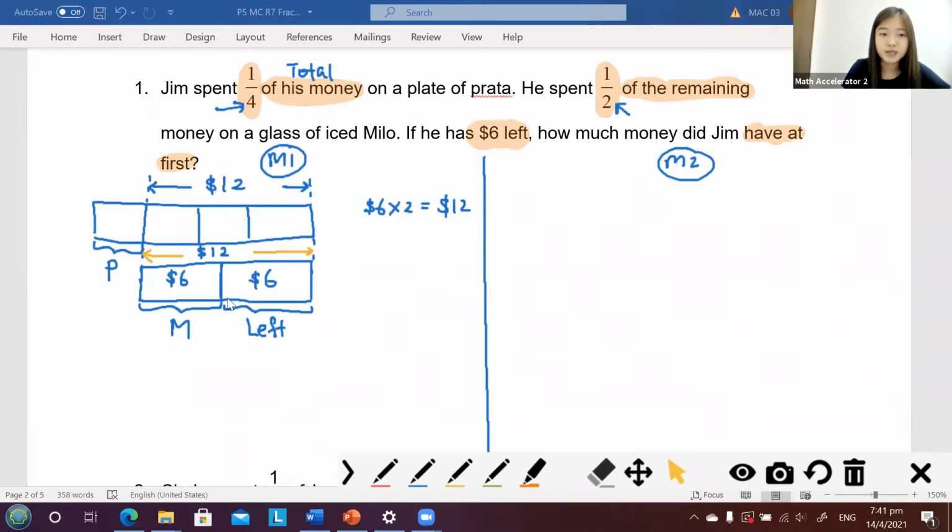It's different. Can you see that in the second model you have 2 units only? But in the first model, for the $12, you have 3 parts here, 3 units. So to find each of it, you have to divide by 3, which means each of the units will have, yes, correct, $4.